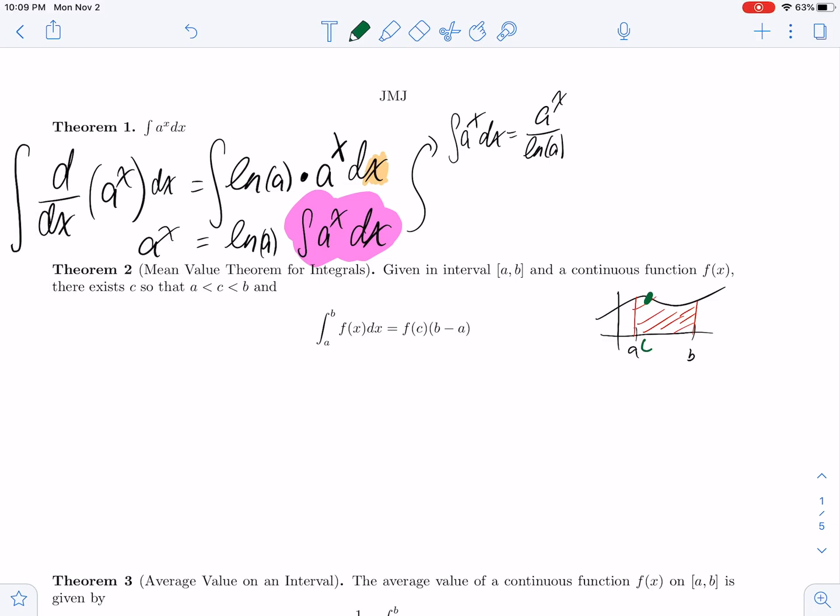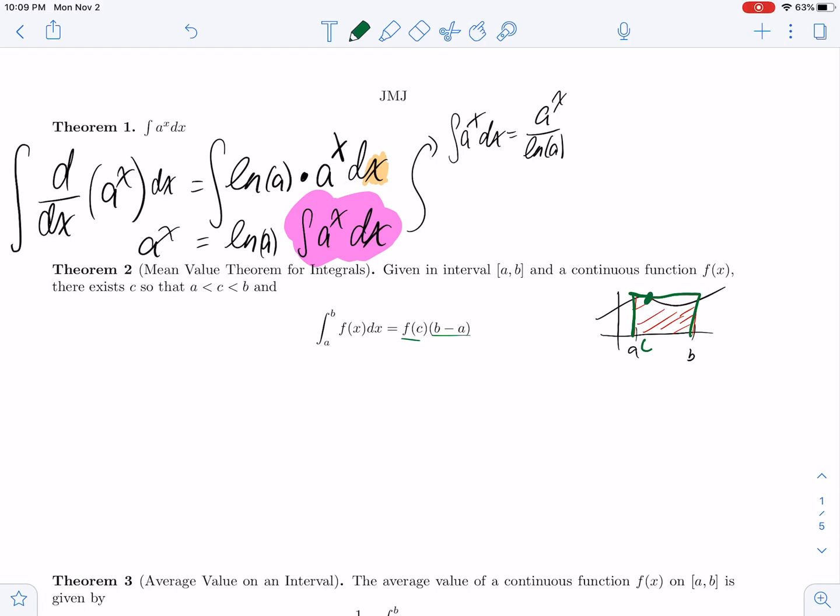So this is B minus A. That gives you the width of a rectangle. This gives you the height of the rectangle. So that if I draw this rectangle, the area of this rectangle is equal to the area under the curve. Now, I didn't draw my C in the right place for this problem to make very much sense, actually. But that's the gist of what's going on here.